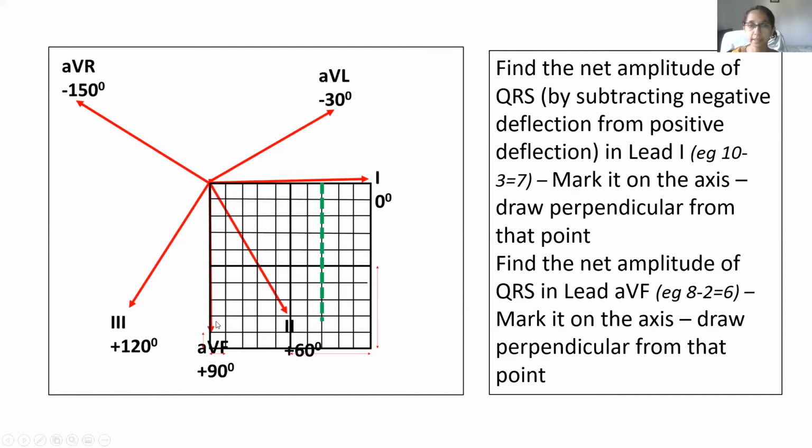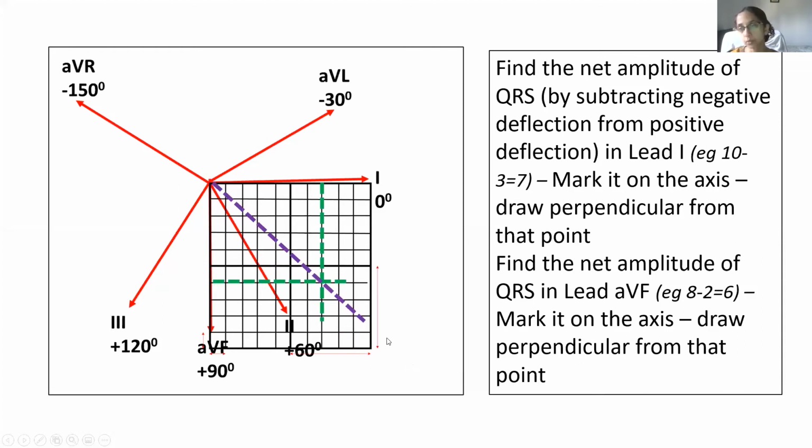Then I go to lead AVF and try to find the net amplitude in lead AVF. For example, it's plus 8 minus 2, so it's 8 minus 2, which is 6. So I again go 1, 2, 3, 4, 5, and 6 small squares, and I draw a horizontal line here. The point where this line meets is going to be the axis of QRS.